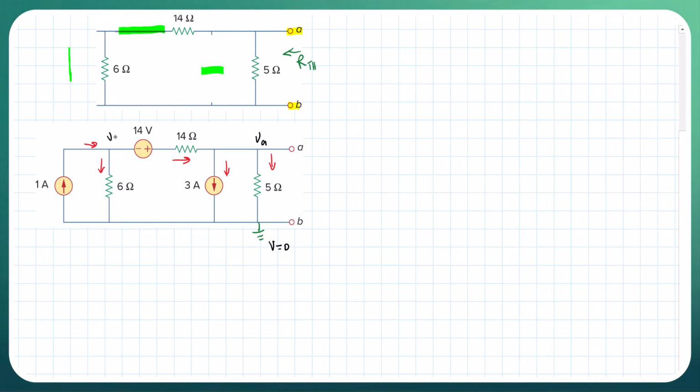I'm going to call this guy VC. And then we have VC, we have 14 volts here. So technically, if we really want to break this down, right here, this is VC plus 14 volts. Just keep that in the back of your mind as we do potential nodal analyses.